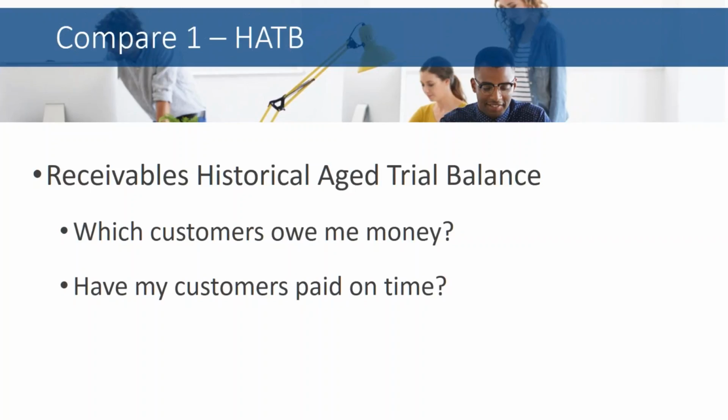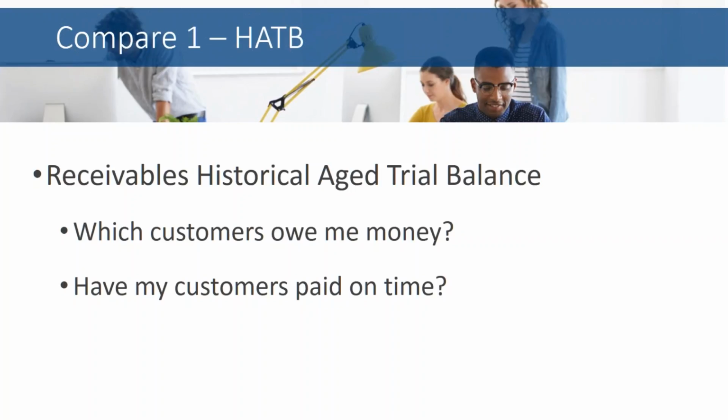This is usually a lot more interesting if you guys are sitting in front of me. Since you're all on computers, I'm just going to breeze past this section. So the historical age trial balance is when customers owe me money. I want to see how much money they owe me and when they're going to be paying it to me.